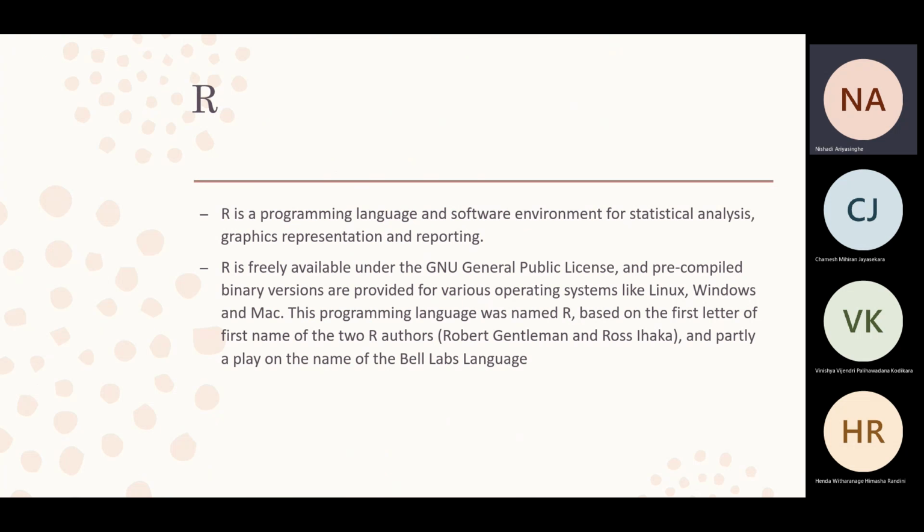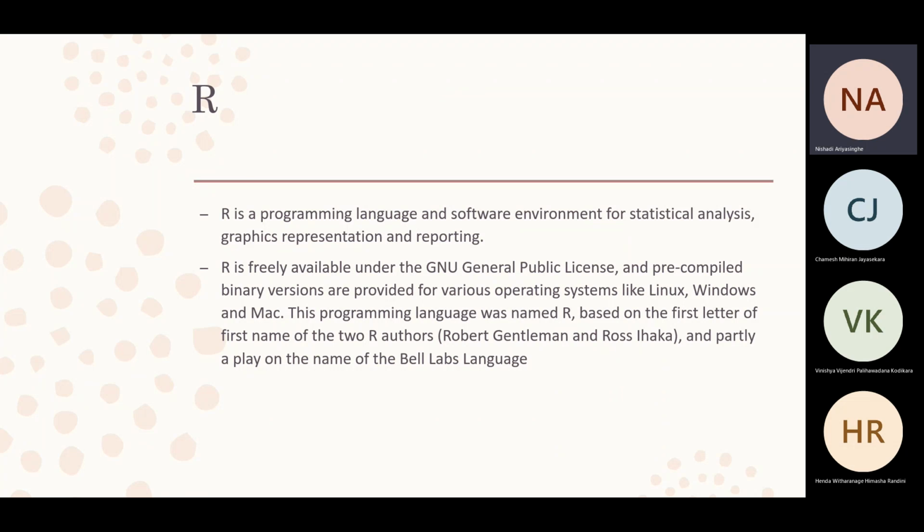So R, if we talk a little bit about R, is something like C, Java, C++. It is a programming language, and it has a software environment for statistical analysis and graphics representation and reporting. So R is specially focused on statistics or analyzing things, and you can graphically represent things using R, and you can create reports.